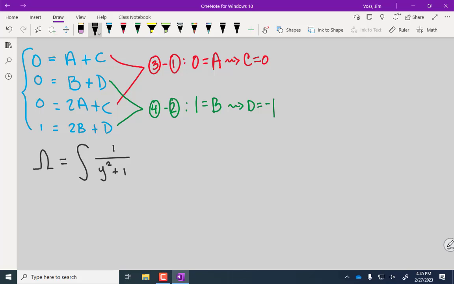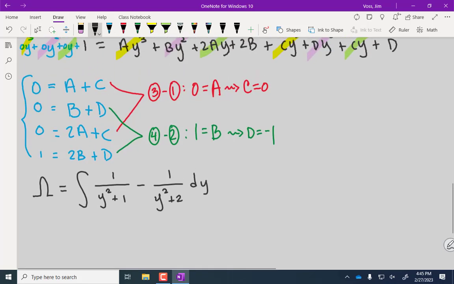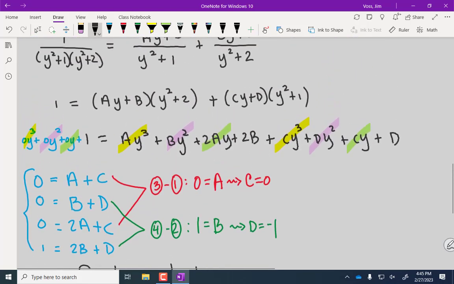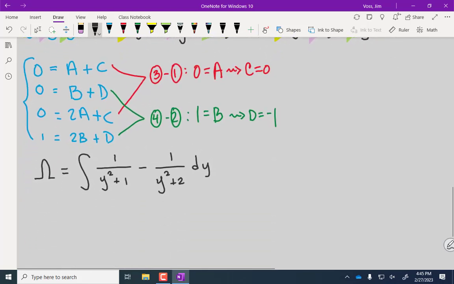And then it was CY plus D. So CY, that's 0, plus D, so that's minus 1, divided by our second irreducible quadratic, which was y squared plus 2.